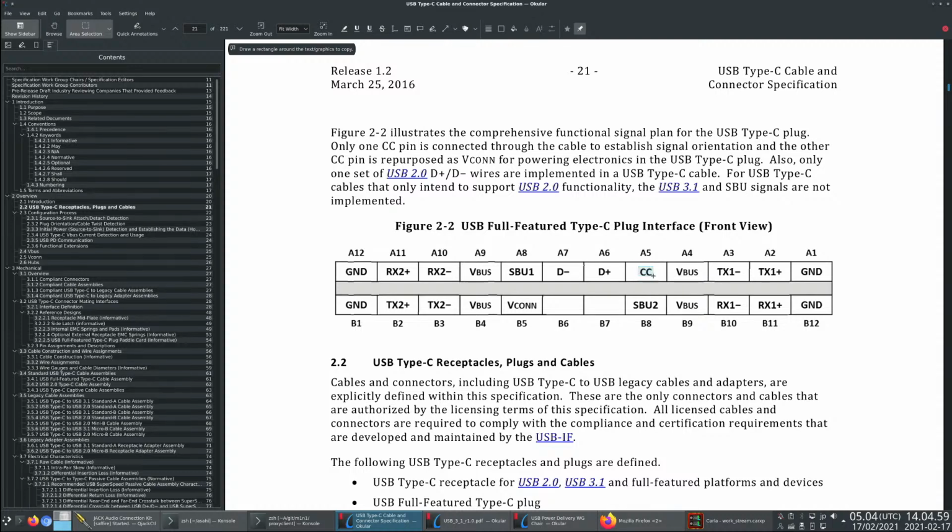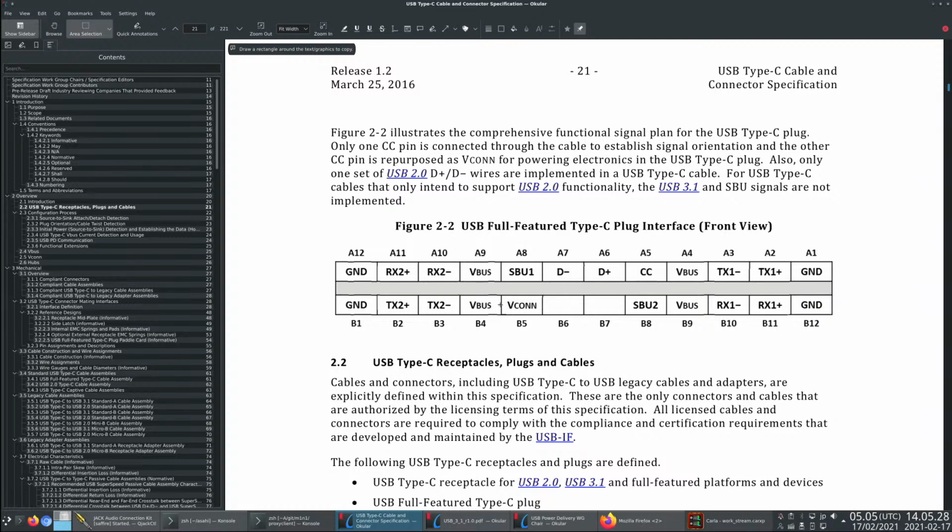So both ends talk to each other, but if the cable has logic, then it can also talk through CC. And if the cable is even fancier and has repeaters, or is one of those Thunderbolt cables that has equalization or redriving or all those different signal integrity improvements, or even if it's an optical cable that needs power to run the whole optical thing, then that will also come from VCONN.